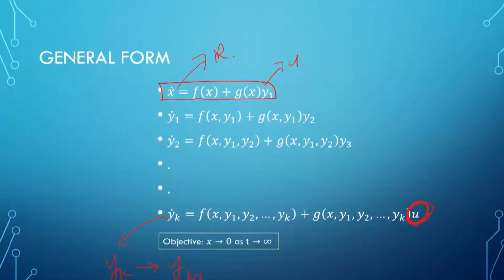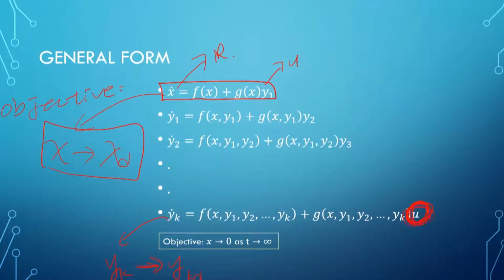Okay, so the control you design only guarantees YK is tracking some desired signal YKD. But what if the objective is to ensure X tracks some XD, the desired trajectory? How will you do this? Do you see the problem? This is the objective. Okay, you want to design control that ensures X tracks XD.